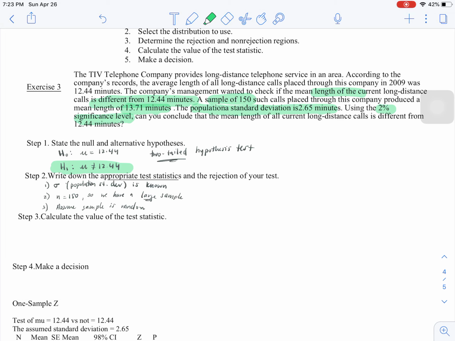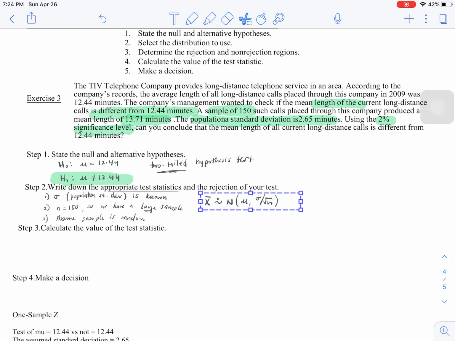Since we're given the population standard deviation, since we know it, and because we have a large random sample, we can use the normal distribution. In other words, we can say that our sample mean is approximately normally distributed with standard deviation equal to the population standard deviation divided by the square root of the sample size by the central limit theorem.